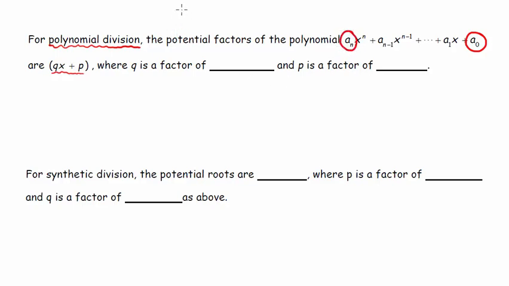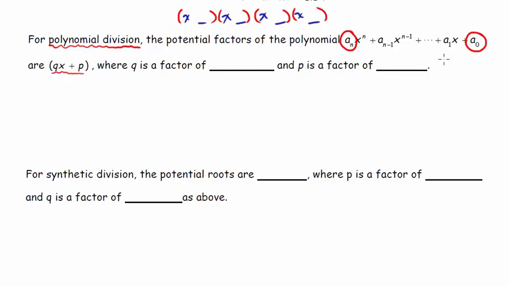Let's see if that makes sense. If we had some polynomial here that was factored, and then we expanded this out, well, I have x's and x's here, and this constant term is going to be the product of whatever these numbers are here.